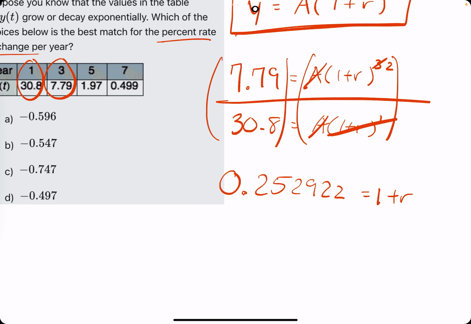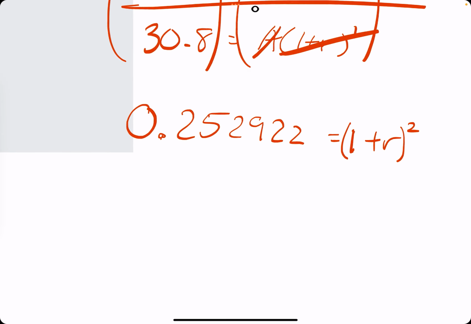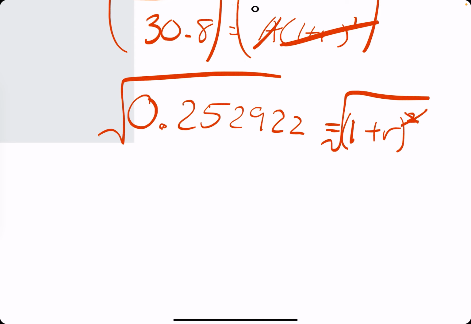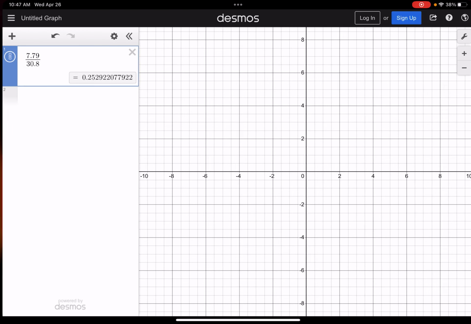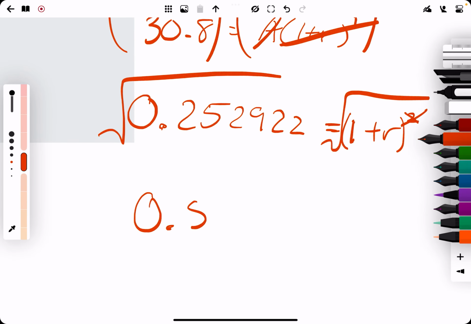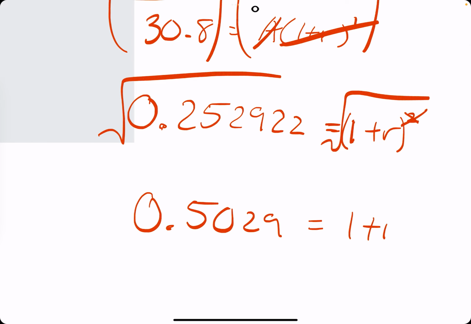leaving us with 1 plus r squared. Again, we're solving for r, so the thing we do next is take the square root of both sides to eliminate that square. So we're going to take the square root of this value here. I don't think that's going to work. Let's try this: 0.2529 to the one half. We get about 0.5029, equals 1 plus r.